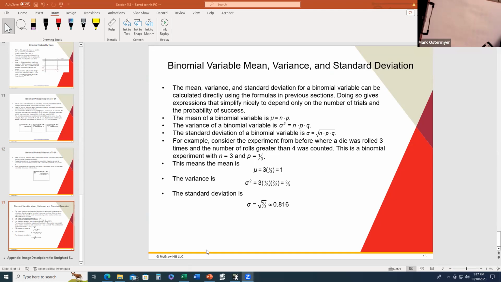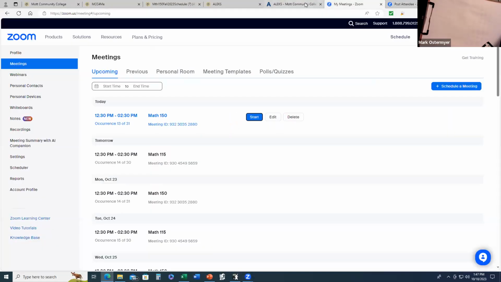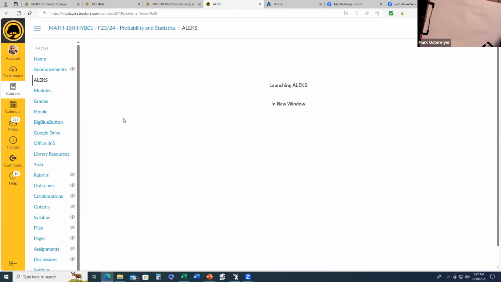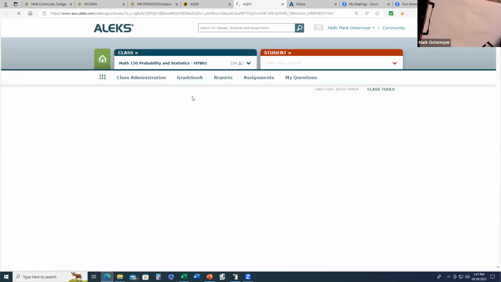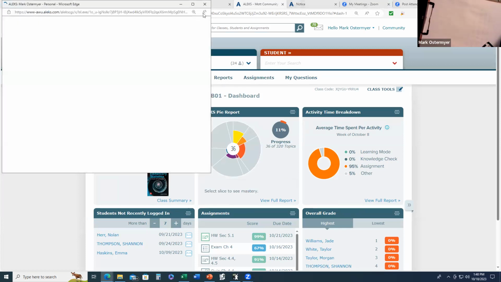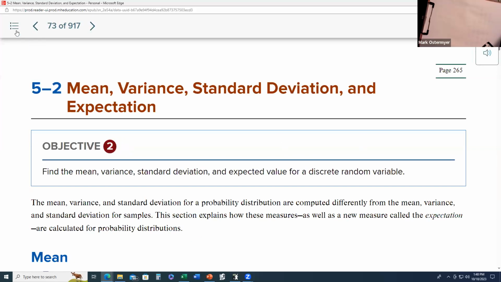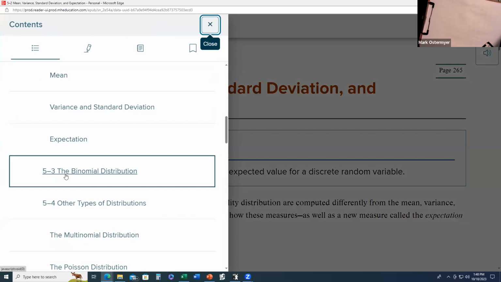All right, let's go see if we can have a little bit of fun in the remaining time in our textbook. All right, let's go get our book here. And these problems will be coming out of section 5.3. Binomial distribution.